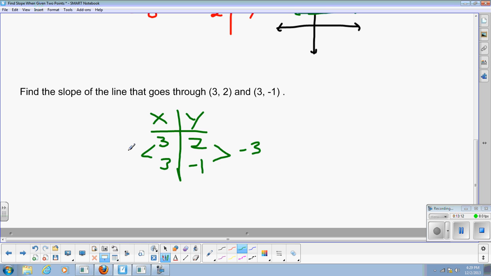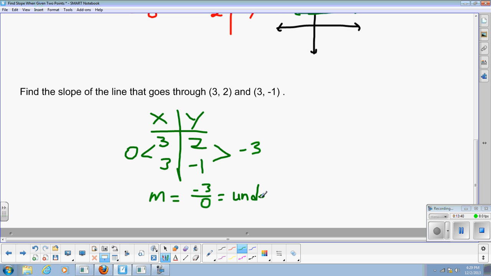X, how much change is there in x? 0. No change in x. So then I'm going to say that the slope equals -3 over 0. Uh-oh. -3 divided by 0. I can't divide by 0. So what does that mean? This is when it's undefined. This is your line that goes vertical.